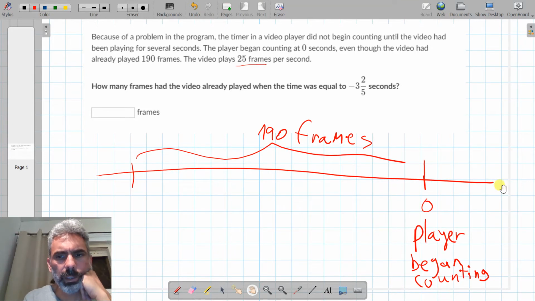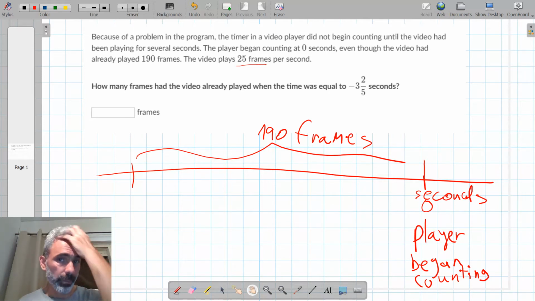Okay, so the timeline, this is not a number line, this is a timeline, and the 0 represents 0 seconds. Okay, so prior to 0, each 25 frames represents -1.